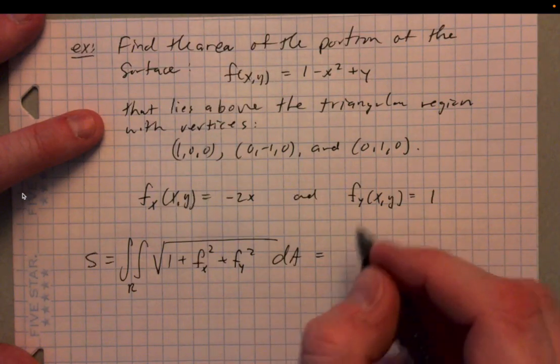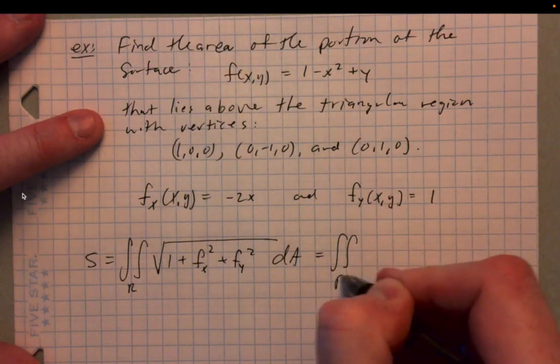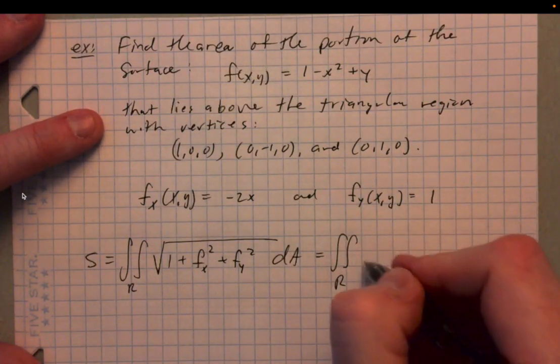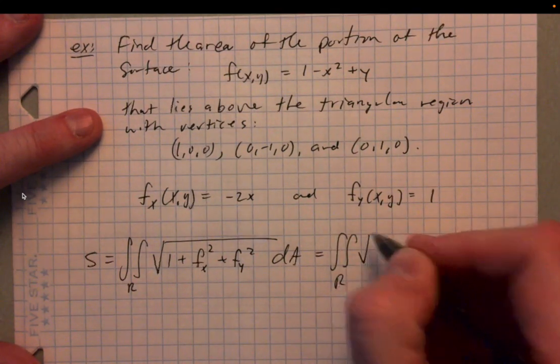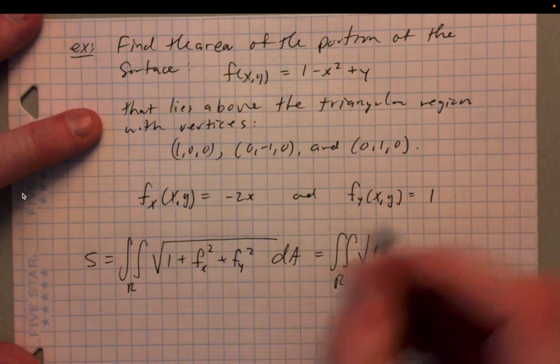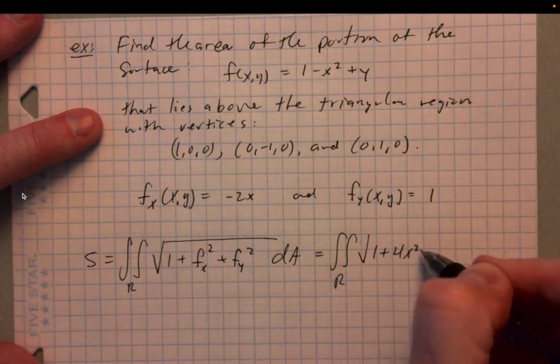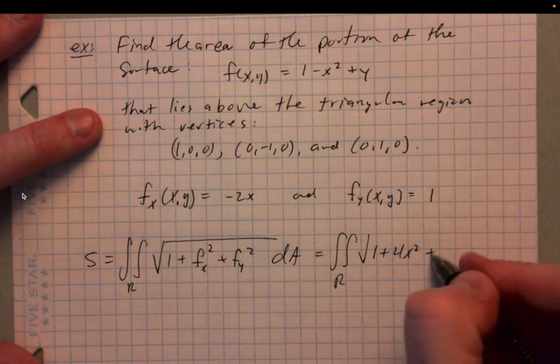In this case, that's the double integral over R of the square root of 1 plus, if we square that, we get 4x squared, and we square that, we get 1.